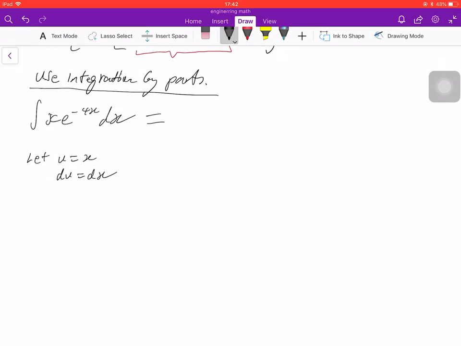And then we assume dv equal to exponential of minus 4x dx. Then taking the integral, v is equal to exponential of minus 4x divided by minus 4.